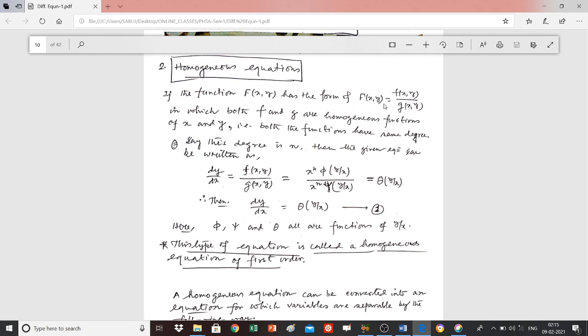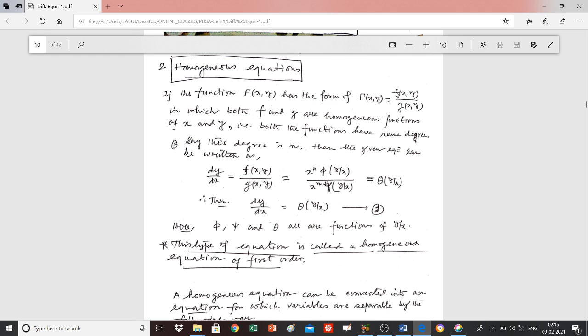So if the function F(x,y) in the equation dy by dx is equal to f(x,y) has the form f(x,y) by g(x,y), in which both g and f are homogeneous, that means both of them have the same degree.